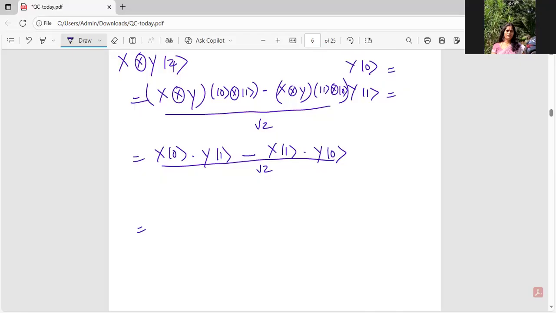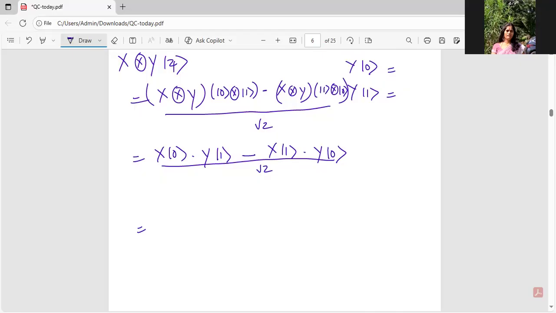X on ket 1 flips ket 1 to ket 0. Similarly, when I apply Y, of course, there's a shift in both: a phase flip is there, and also a bit flip. Let's see how we can write.